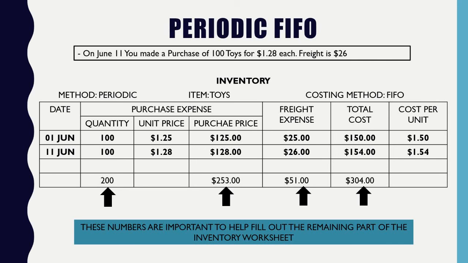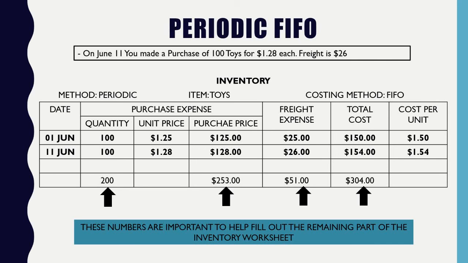Yes. Okay? So what's going to happen is once we reach the end of the period, any given period, in this case I want to end my day on the 15th of June, you're going to calculate the totals of each column. So how many items did I have available? This is your goods available or your net purchases. I have a total of 200 items.